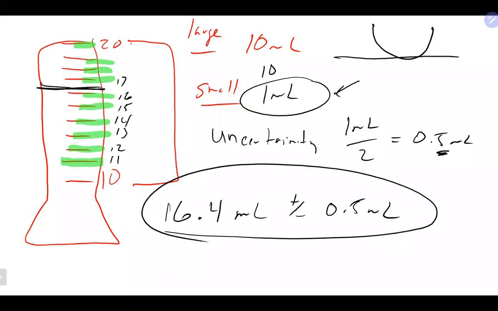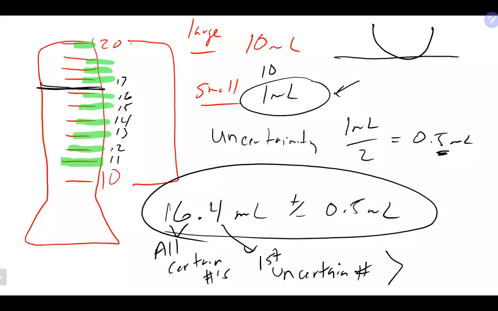And remember that when we take a measurement, we always want to record, as I mentioned, all the certain numbers plus that first uncertain number, which is sometimes referred to as the estimated digit. And when you do that, as we talked about last time, those are the significant figures that you have.